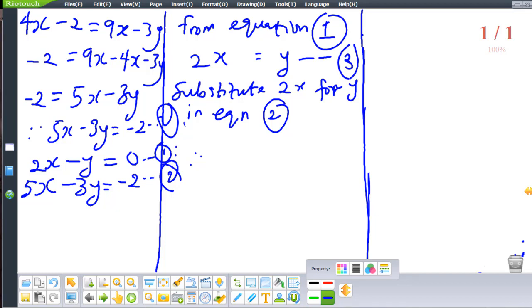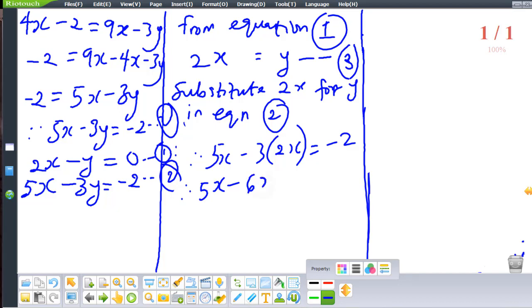Anywhere we see y, we substitute 2x. So that's going to be 5x minus 3 into brackets 2x, equals minus 2. And then we have 5x, minus times plus, that's minus 3 times 2x, that's 6x, equals minus 2. So therefore, we have 5x minus 6x, that's going to be minus x, equals minus 2. Minus cancels minus, therefore x equals 2.